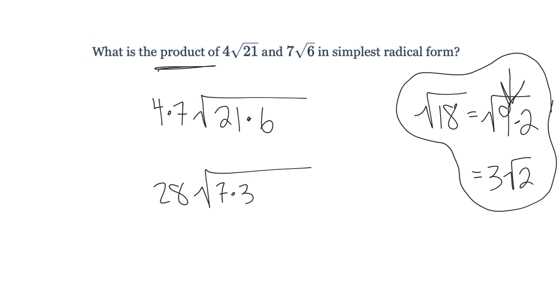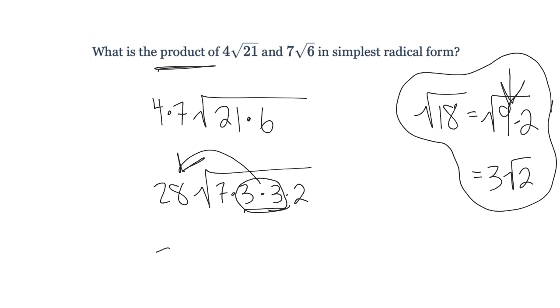And then 6 is equal to 3 times 2, so I'm going to rewrite it as 3 times 2. Now, the reason I did that is because, look, we have a 3 and a 3 here. Well, 3 times 3 is 9, and so I can pull this out to the outside here. I can take the square root of 9, which is equal to 3. So when I pull it out, it actually becomes a 3.